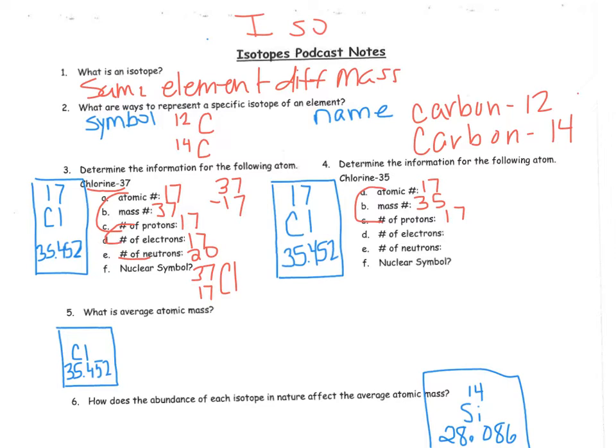I didn't say anything about a charge, so protons equal electrons. This one has a different number of neutrons. So 35 minus 17 is going to give you 18 neutrons. So this chlorine is 35, still has the same atomic number, and chlorine. Now, remember, if there were a charge, it would be right up in this area, but we're not on electrons.